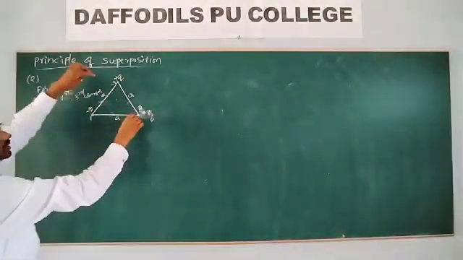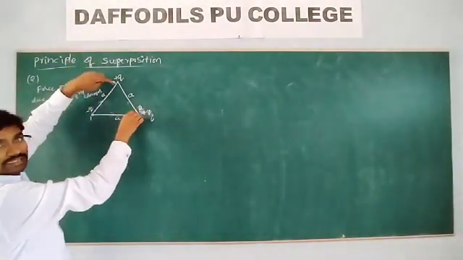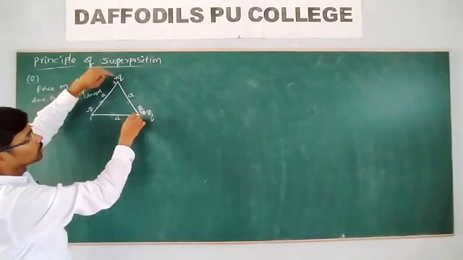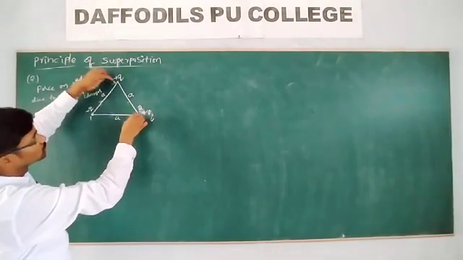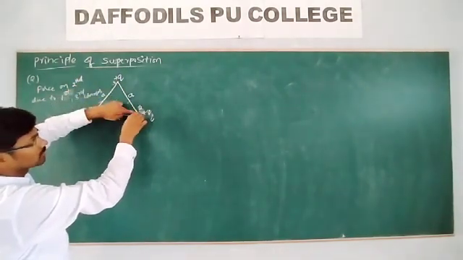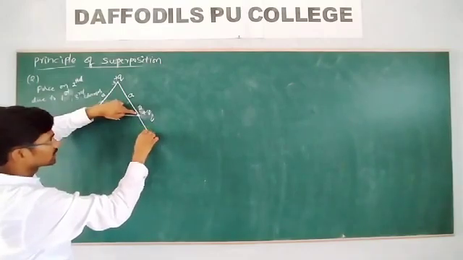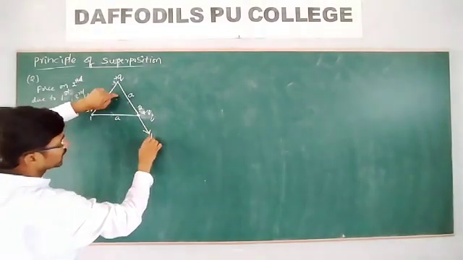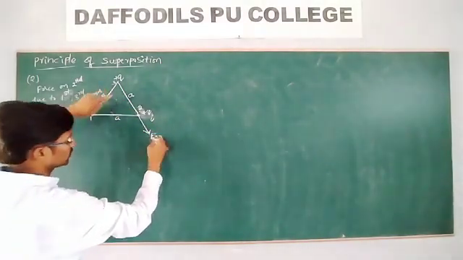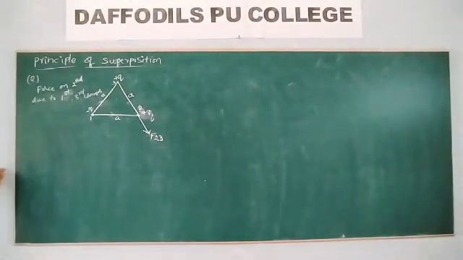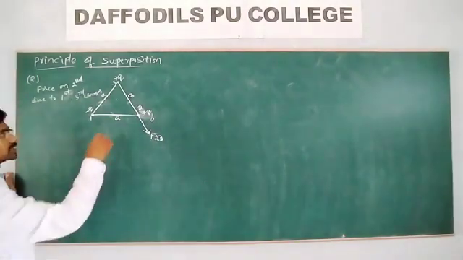Now tell me, on this charge, the force due to the charge at the third vertex is positive, so this charge repels this one. Therefore, the force acting on this charge is F23, the force acting on the second charge due to the third.